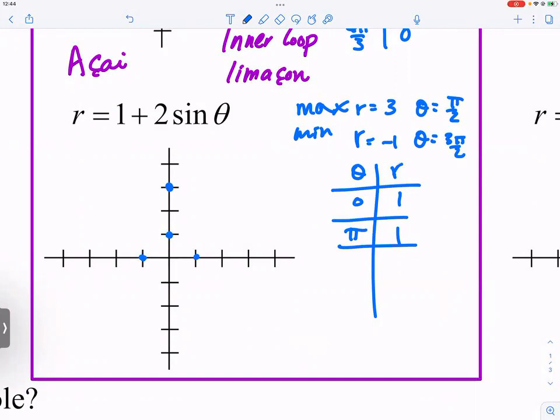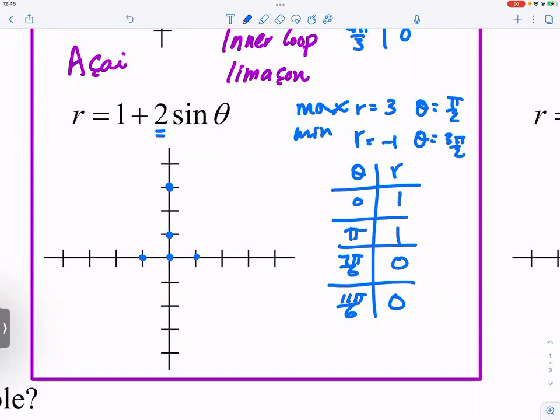Yes, we have 7 pi over 6 and then 11 pi over 6. And when you do sine of 7 pi over 6, that gives you negative 1/2. Negative 1/2 times 2 is negative 1. 1 minus 1 is 0. And the same is true when theta is equal to 11 pi over 6.